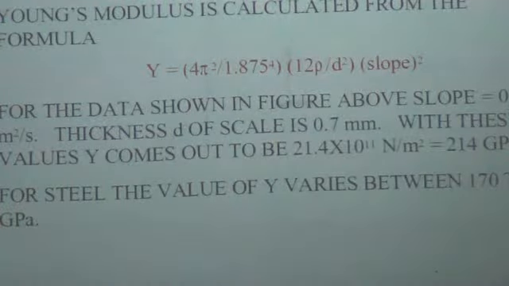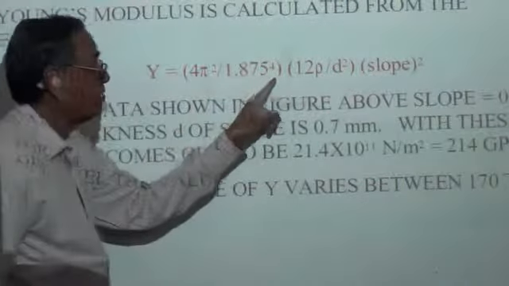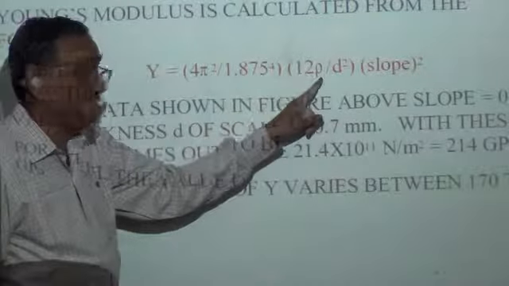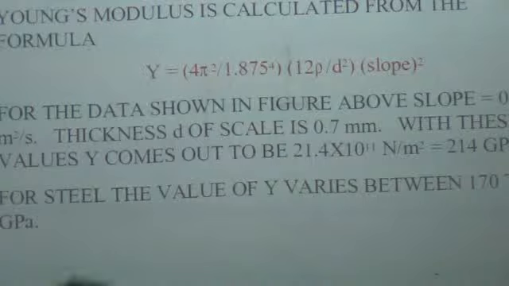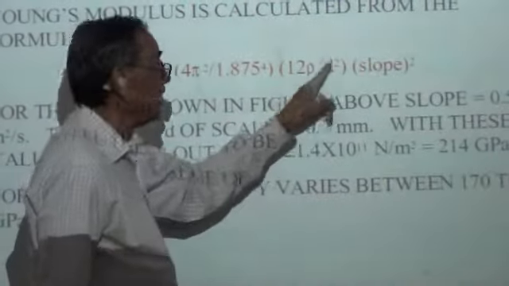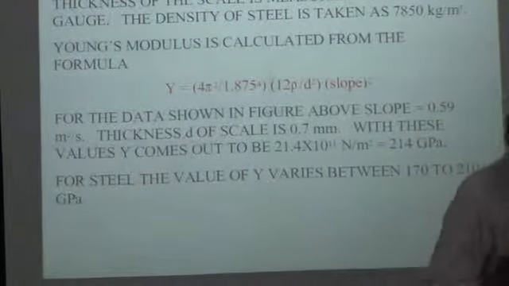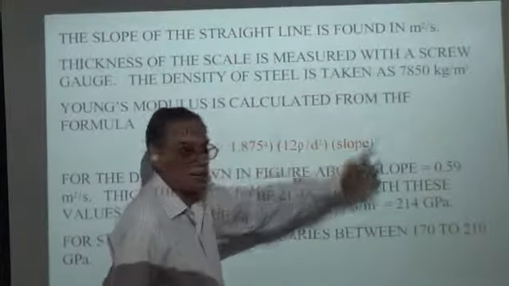From this slope, you can calculate the Young's modulus, because the modulus is 4 pi square by 1.875 power 4, 12 times the density of brass, which are given in the manual, divided by the square of the thickness of the bar, that's also given in the manual, multiplied by slope square.